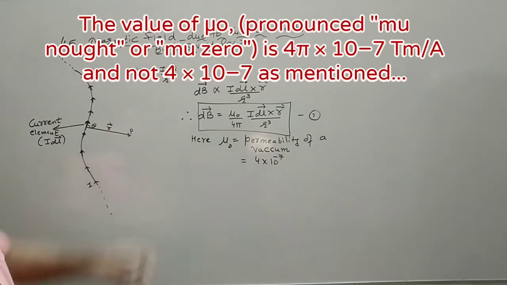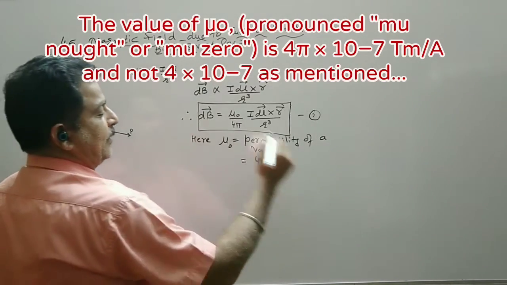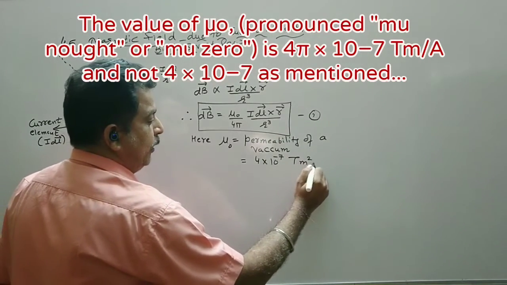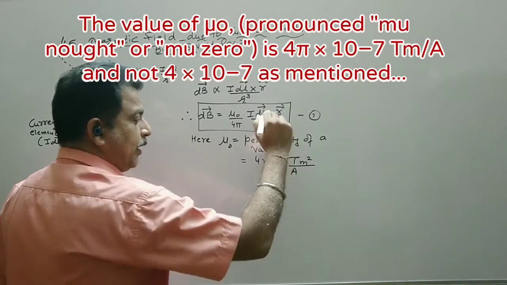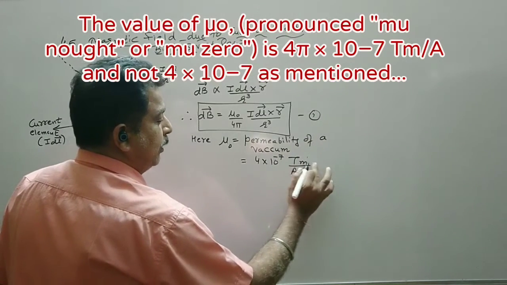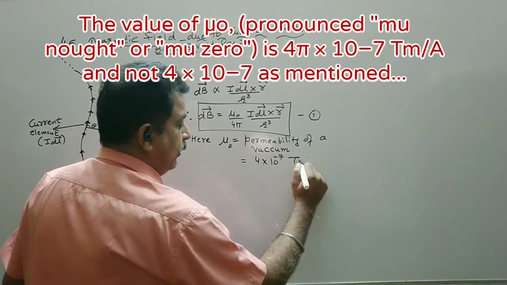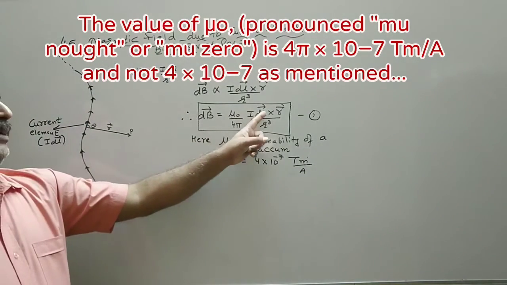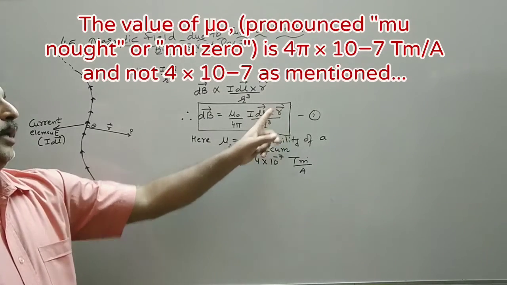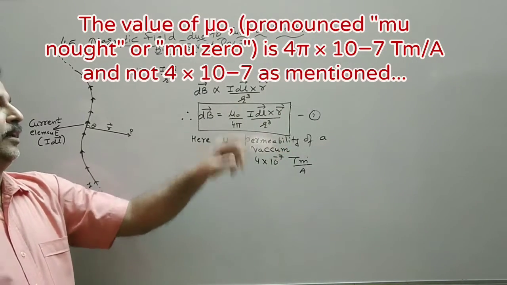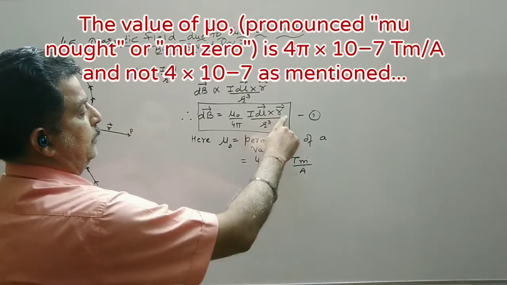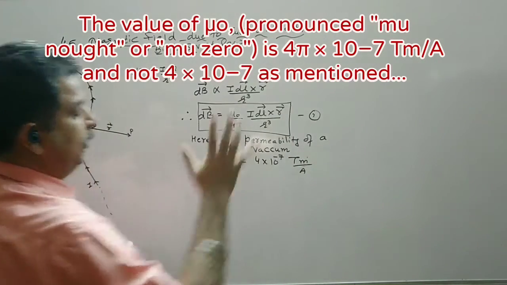And if we go for the unit, this unit can be Tesla, then we have meter square upon ampere. Again we have meter, so the unit becomes Tesla meter per ampere. So here we have the length meter, this meter, so meter square, meter cube, so one meter is cancelled. So this mu naught is found to be in Tesla meter per ampere.